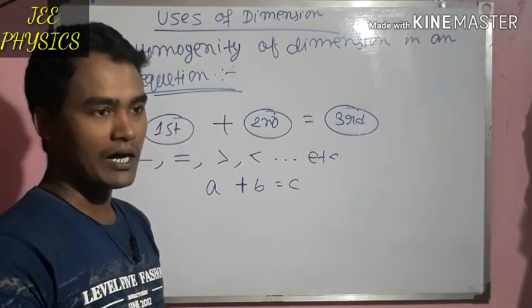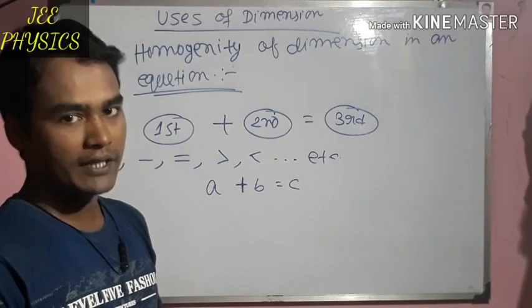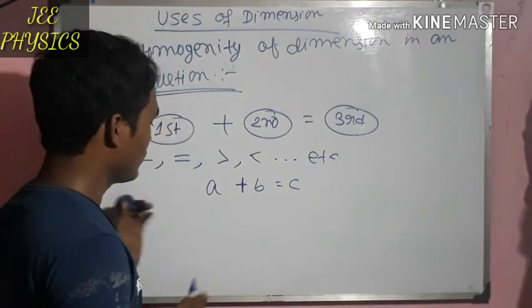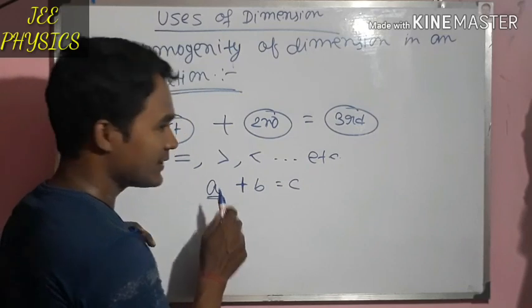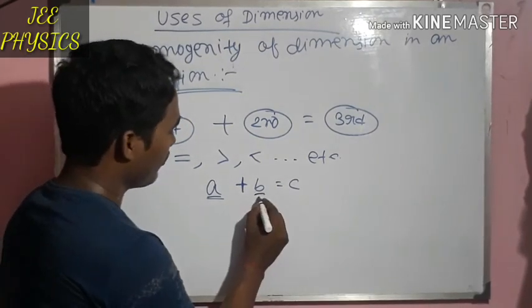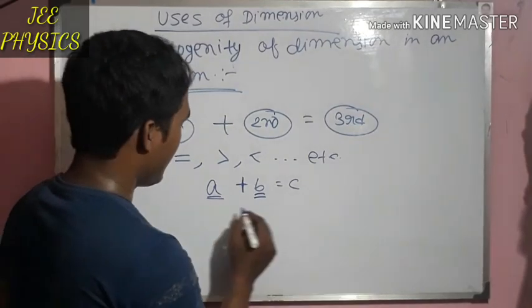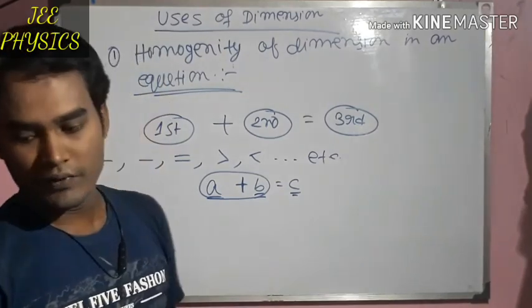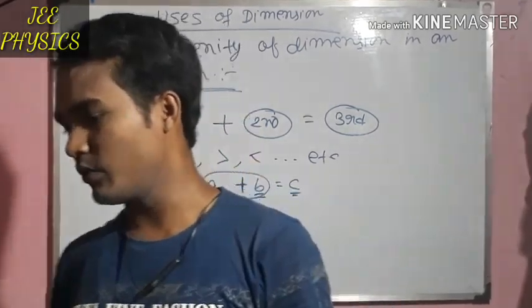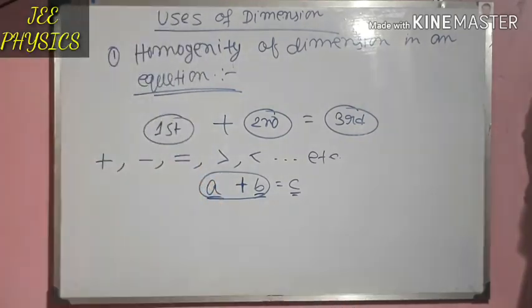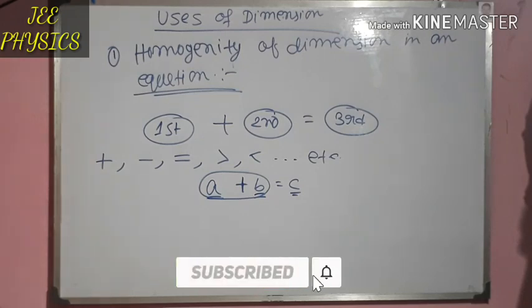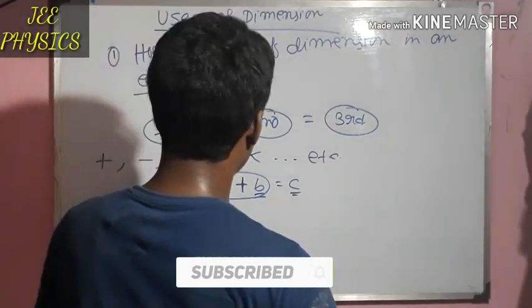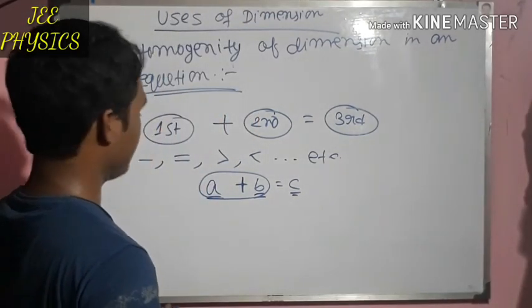You have to add mass and mass, time with time and distance with distance. So if A represents a distance, then B also will represent a distance, and the addition of two distances will give a distance. So the principle of homogeneity states that when you add distances, you get distance; when you add time, you get time; when you subtract distance, you get distance.